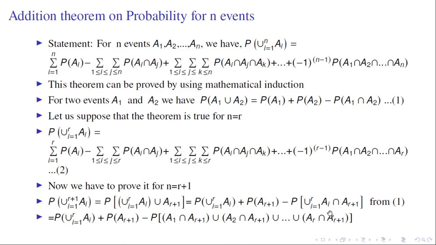Look here, I just expanded this term only. These 2 terms remain the same. Here this is A1 intersection A r plus 1, union A2 intersection A r plus 1, union and so on r times, Ar intersection A r plus 1. So instead of this, this is the union of Ai intersection A r plus 1 terms up to r terms.